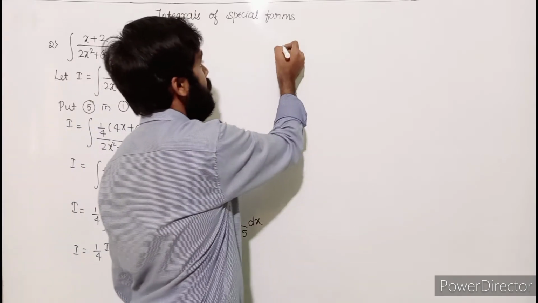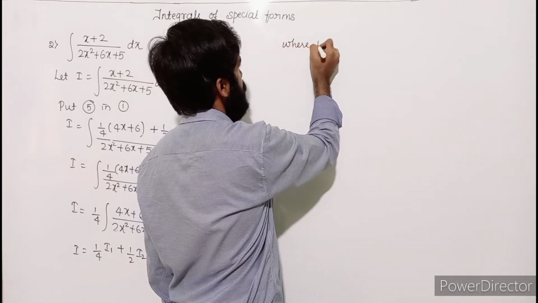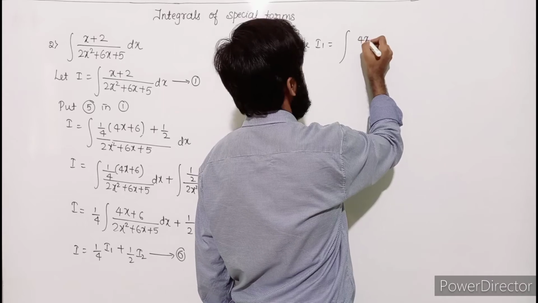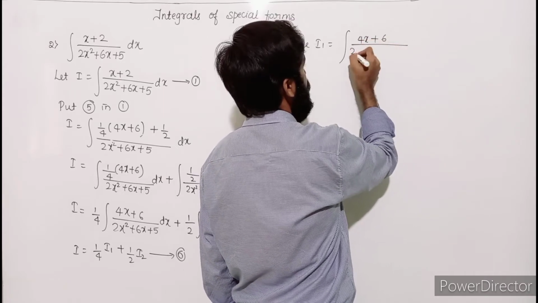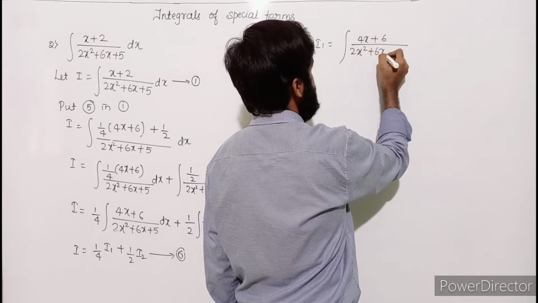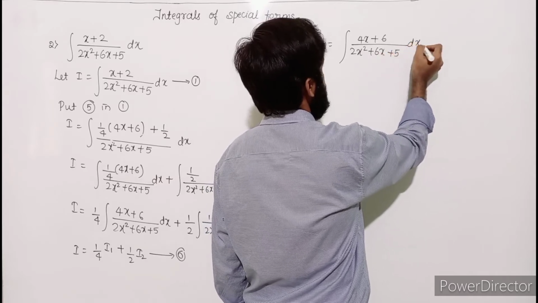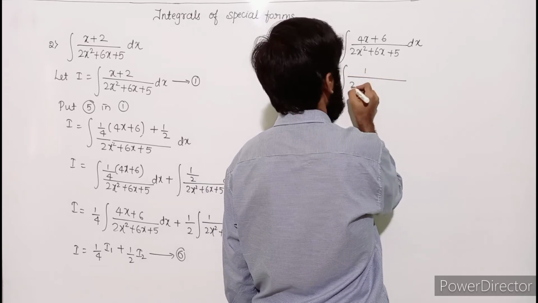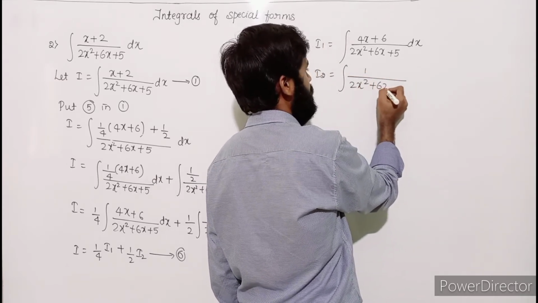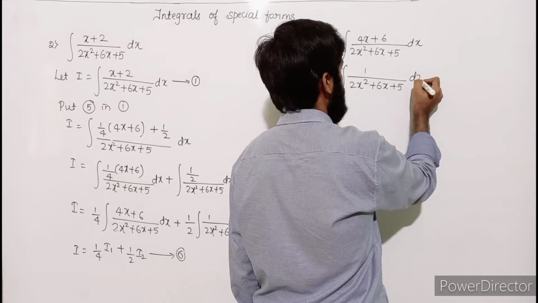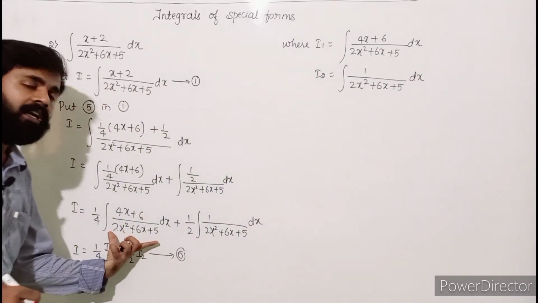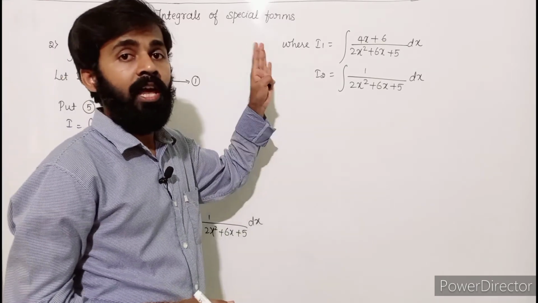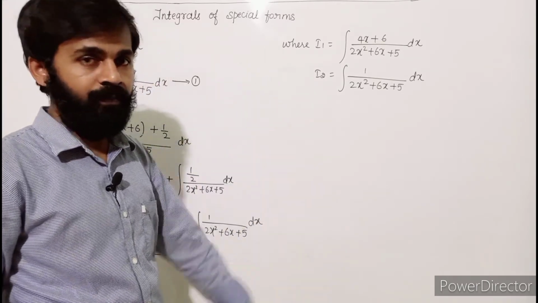I'll write here, I1 equals integration of 4x plus 6 divided by 2x square plus 6x plus 5 dx, and I2 equals integration 1 divided by 2x square plus 6x plus 5 dx. See, I have taken this integral as I1, this integral as I2. Now I will solve for I1 and I2 separately.